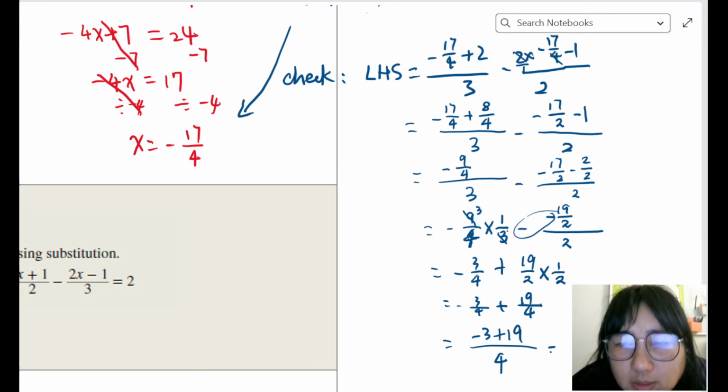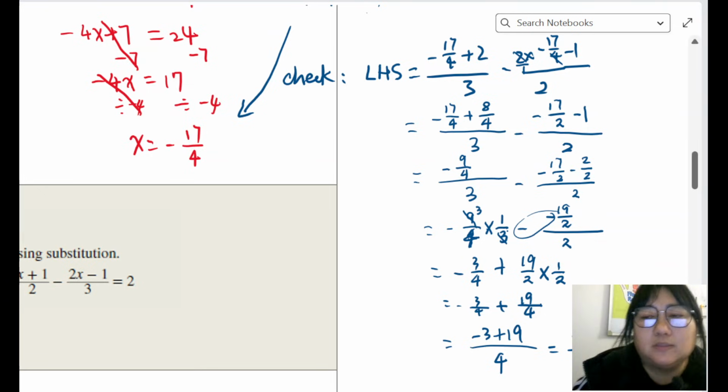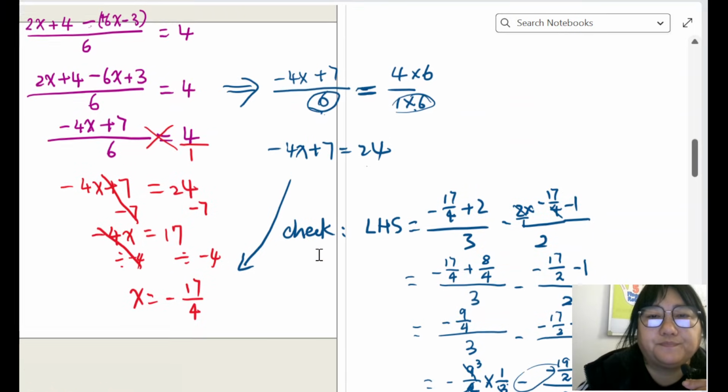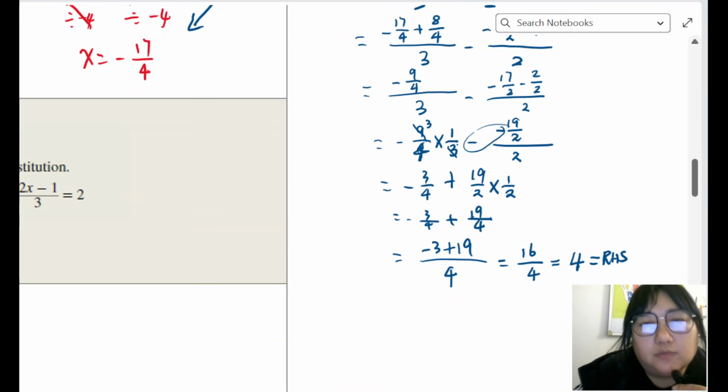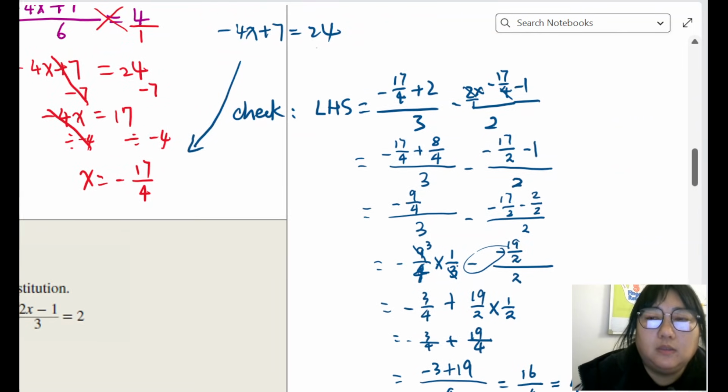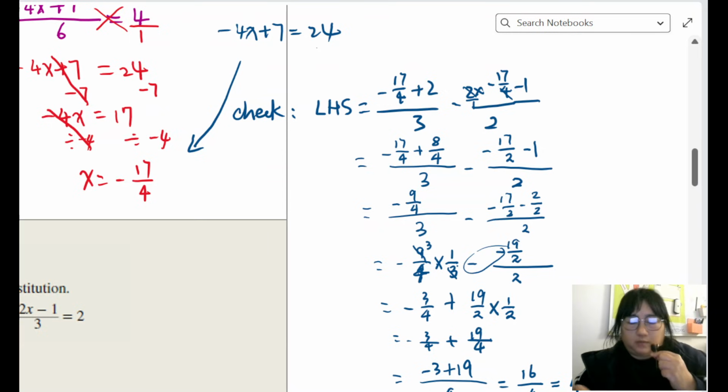Negative 3 plus 19, so that is 16 over 4. And we simplify, 16 divided by 4 equals 4. Equal to the right hand side, so the right hand side is 4 here. And then we can say the answer x equals negative 17 over 4 is the solution. So that is the checking part.